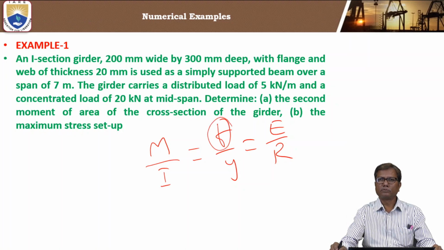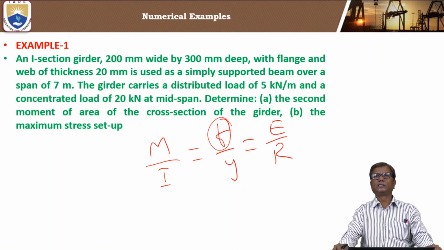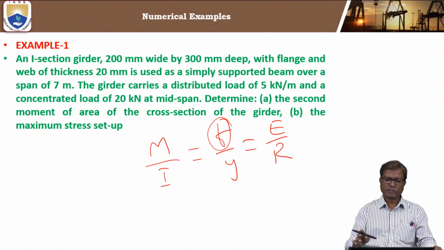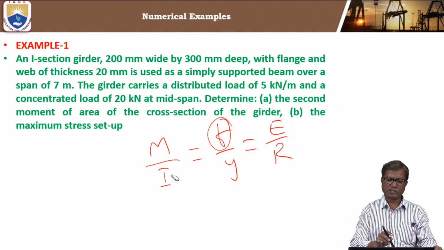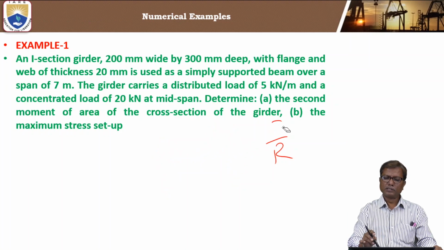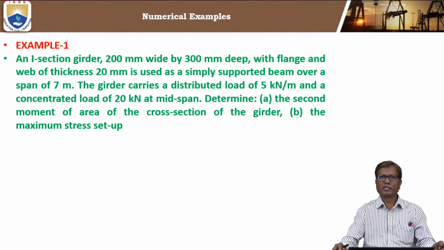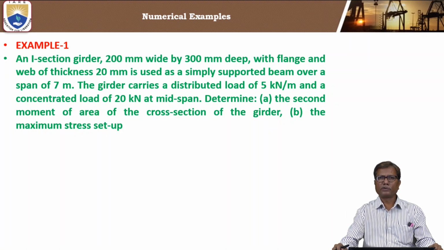E is Young's modulus and R is radius of curvature of the elastic curve. This derivation was already discussed in the previous video, and in this video we'll discuss some examples on the bending equation.